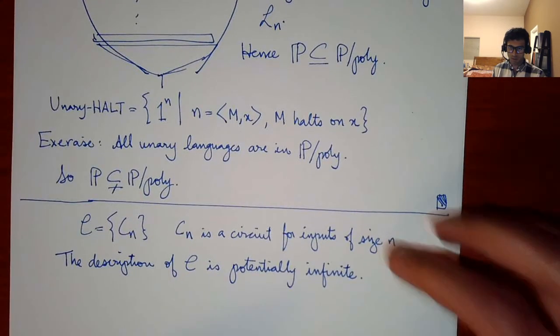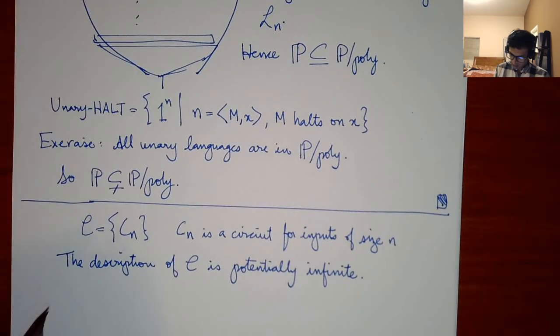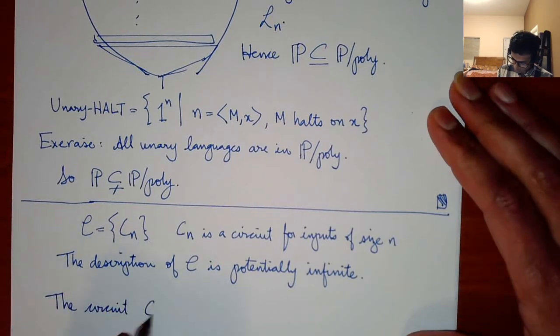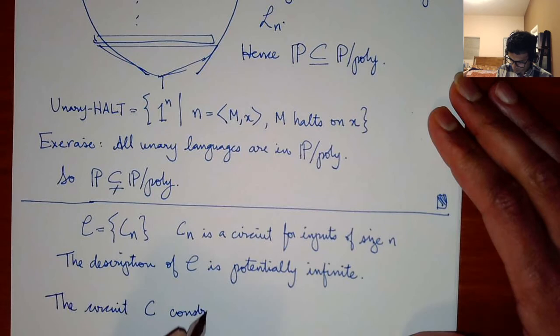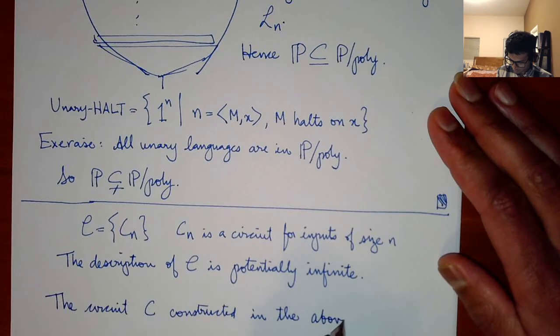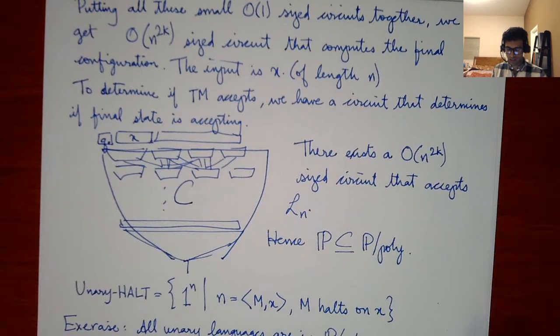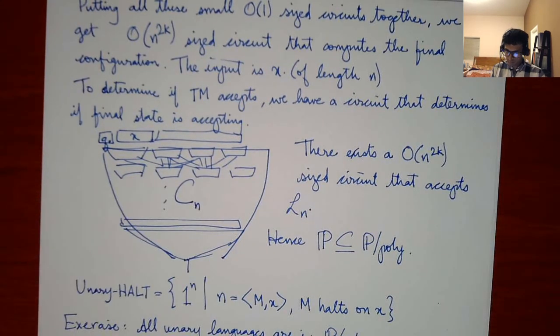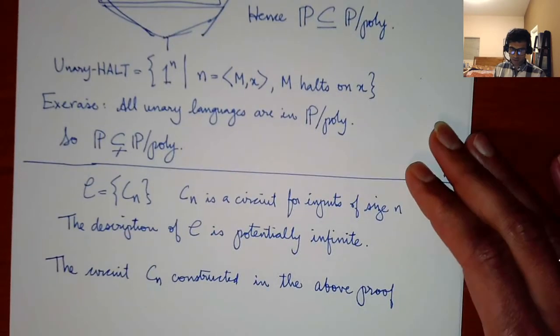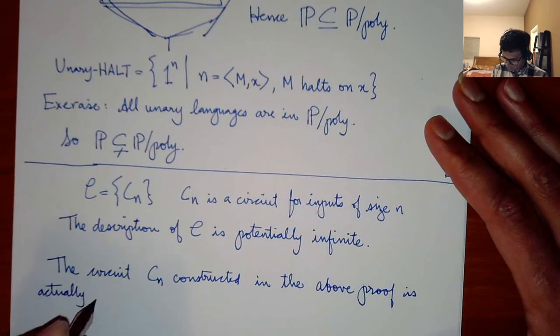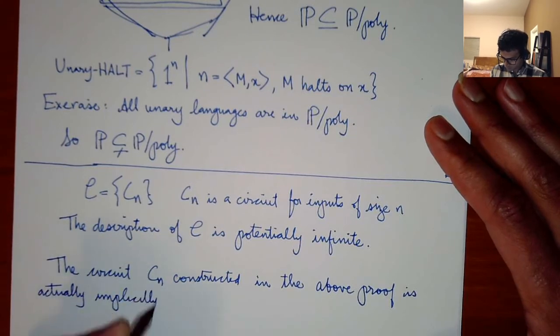The circuit C that I constructed in the above proof, and maybe I should call it C sub n, the circuit C sub n constructed in the above proof is actually implicitly log space computable.